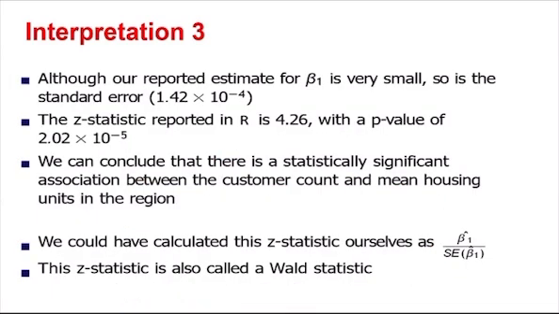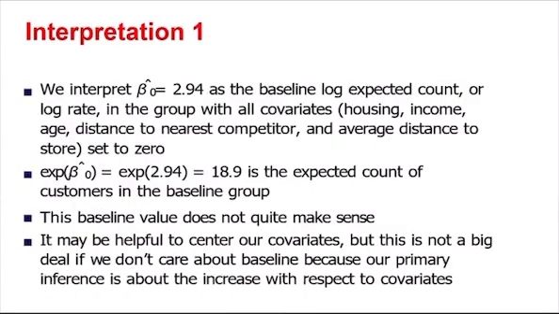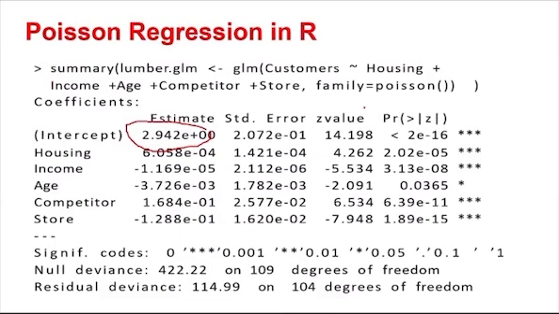Okay, and let me also say this. If I want to test how significant a predictor is, then the name of the test is not going to be a t-test, but instead it's a z-test. Can you see that z value?